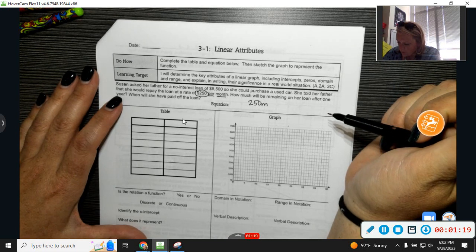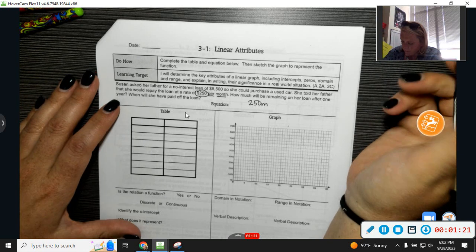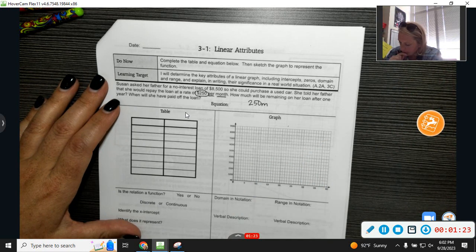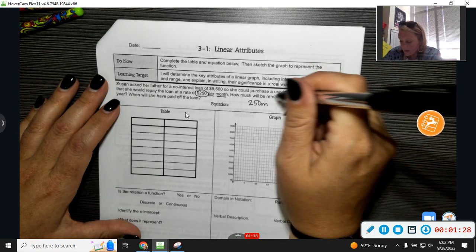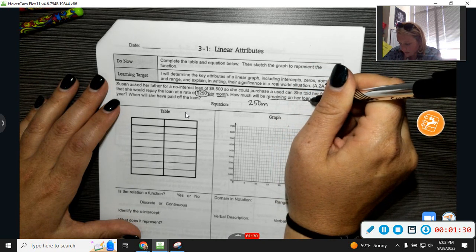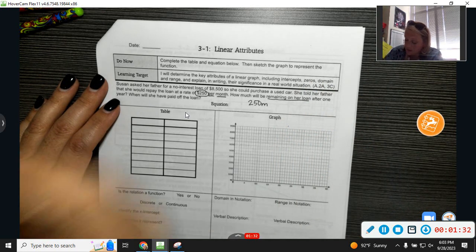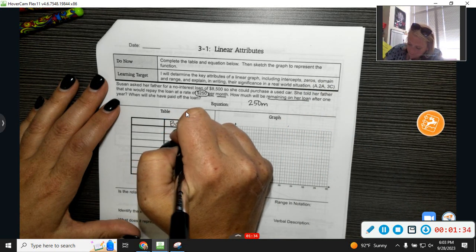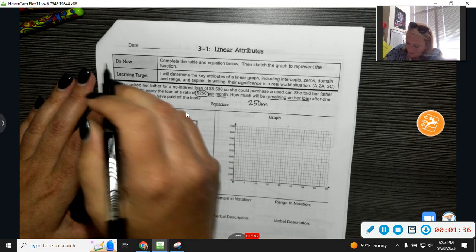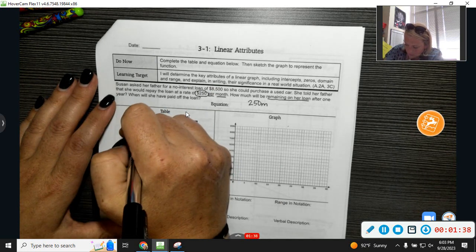Here is how much we have remaining on her loan. That's going to be the balance, and this is going to be the months.